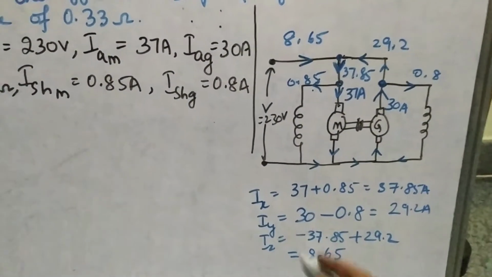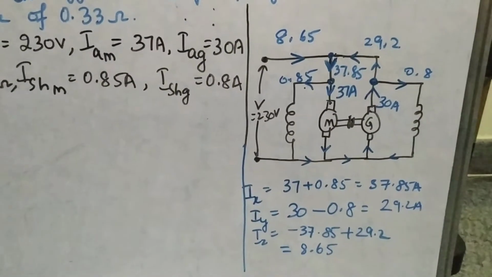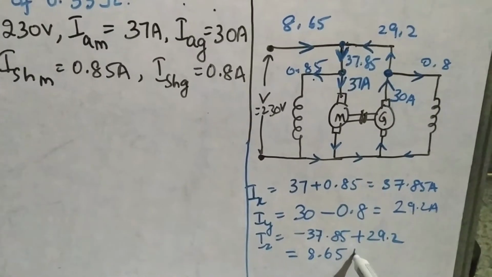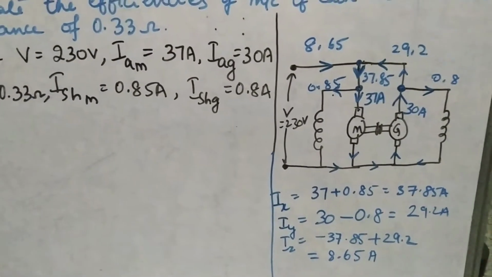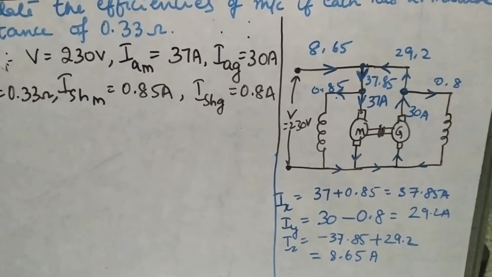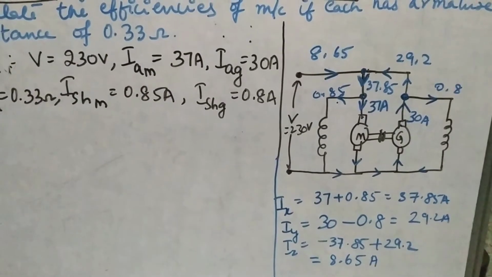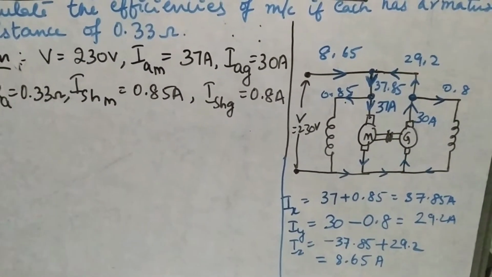So this is how you have to be thorough with the KCL so that you can determine all the values of the currents. I hope you have followed it. After indication of this, now we can easily solve the problem. What are the steps we have to carry out?